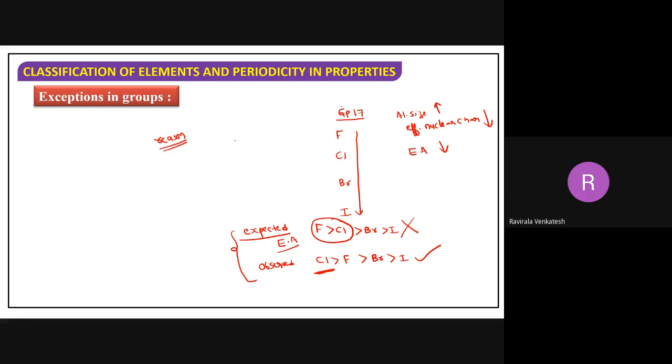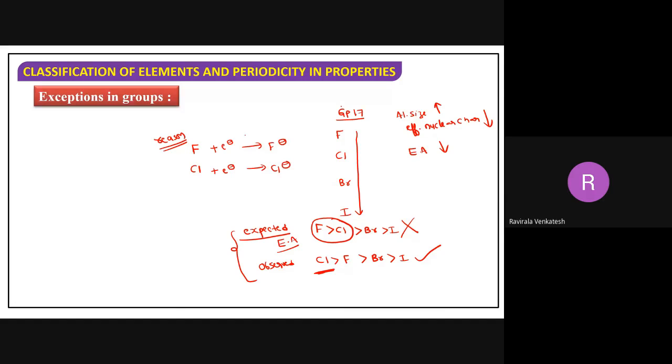Now, when you observe electron affinity, fluorine and chlorine, here you are adding an electron, and here also you are adding an electron. You are getting F minus here, and you are getting a Cl minus here.